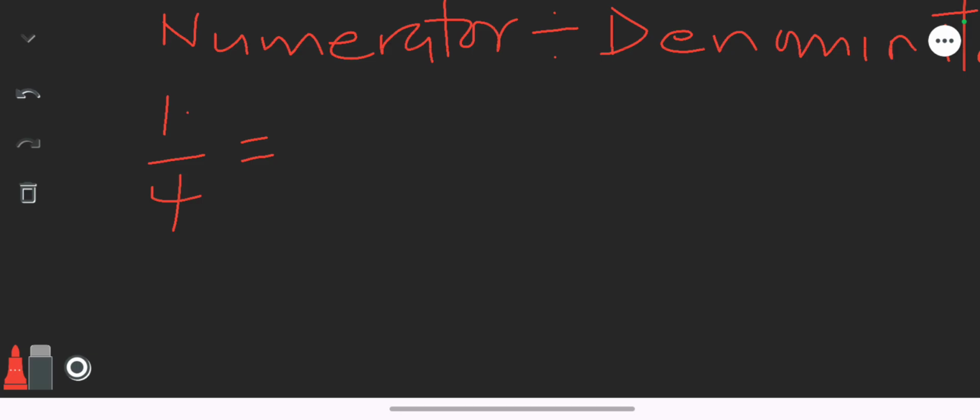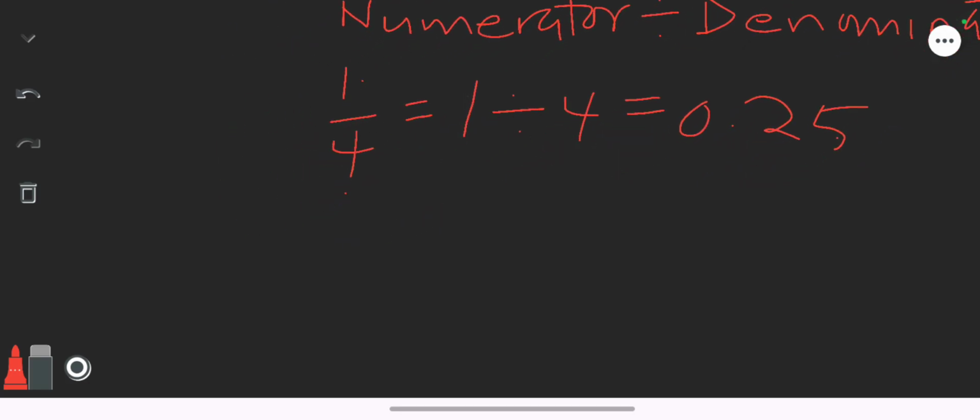The rule says you divide the numerator by the denominator, so 1 divided by 4 is equal to 0.25. There we go, we have converted this fraction to a decimal.